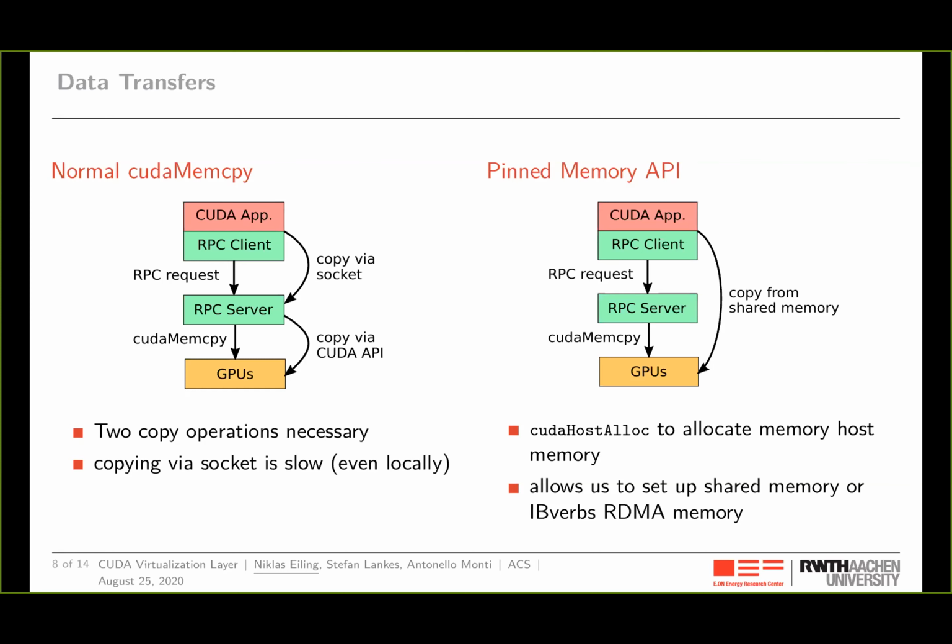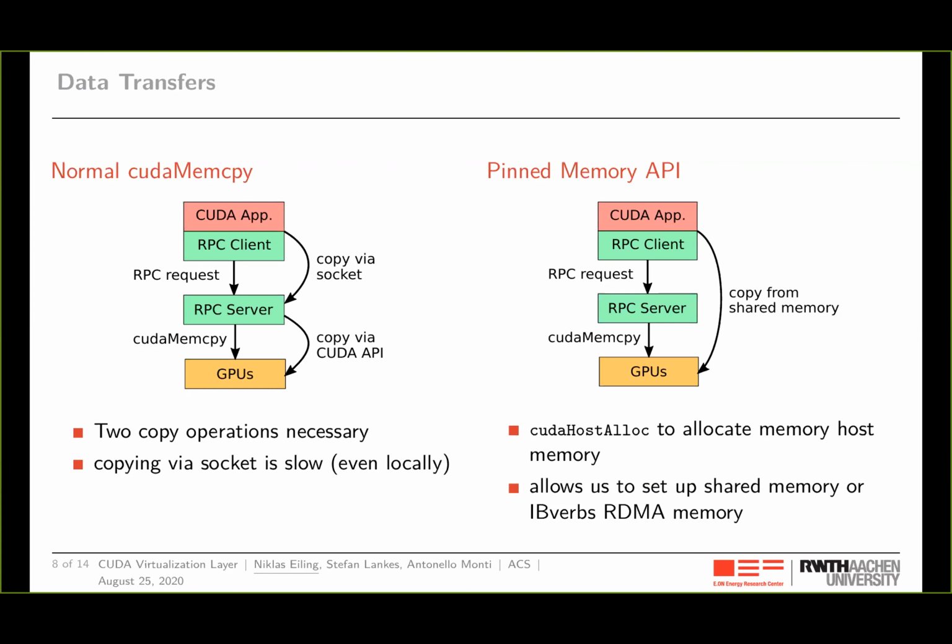With the virtualization layer, we can benefit from this API by setting up a shared memory segment between the RPC client and server during the allocation of the memory. And then when it's time to call CUDA memcopy, we can directly copy the memory from the original CUDA application to the GPU via the shared memory segment.